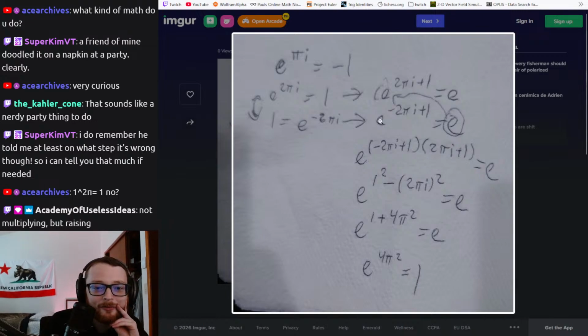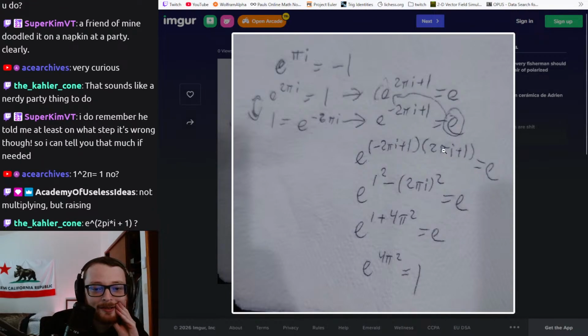Oh, okay. So we're taking the second equation, raising each side to the power of 2 pi i plus 1. Okay, I think that step checks out too then. Multiplying this out. 2 pi i. Yeah, okay.